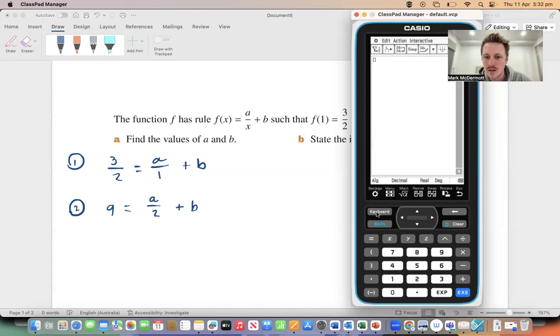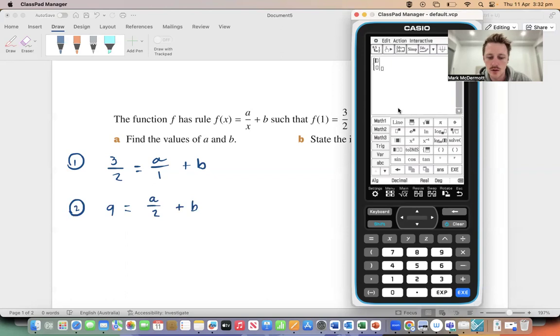So let's do this. You're going to go keyboard, going to click this button here. All right, so the first one is 3 on 2 equals a on 1 is just a plus b, and then 9 equals a on 2 plus b.